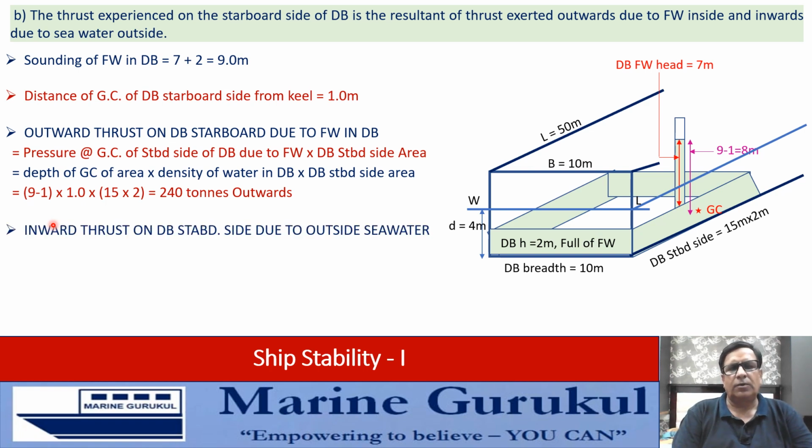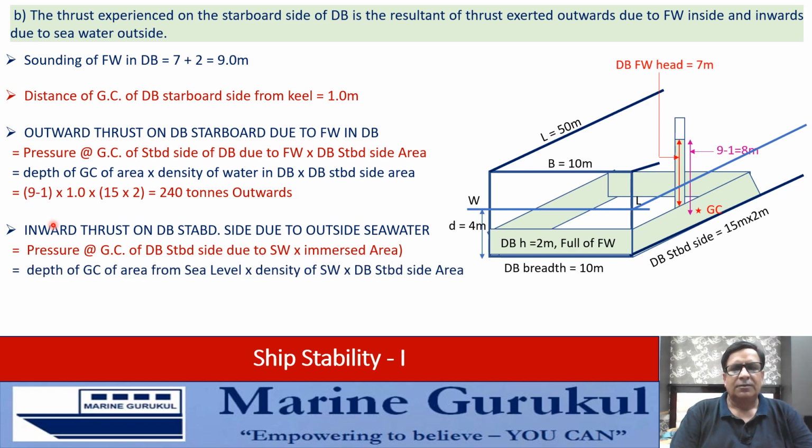Now we calculate the inward thrust on the DB starboard side because of the outside seawater. It shall be the pressure exerted by seawater at the GC of the starboard side multiplied by the area of the starboard side of the DB. Pressure at the GC shall be equal to the depth of the GC below the surface of the sea multiplied by the density of the seawater multiplied by the area of the starboard side of the DB. Now, where is the sea surface here? It's here because of the 4 meters draft.